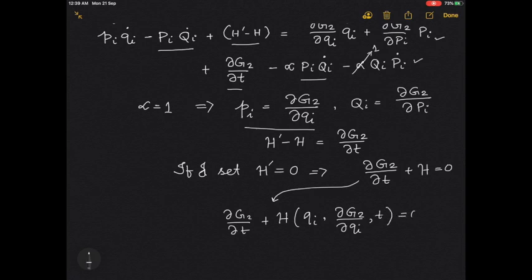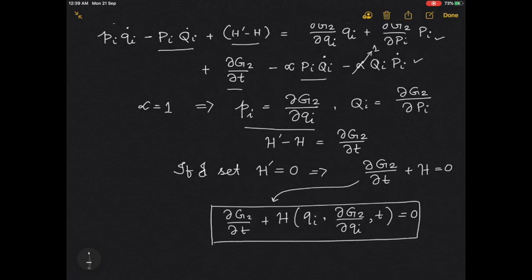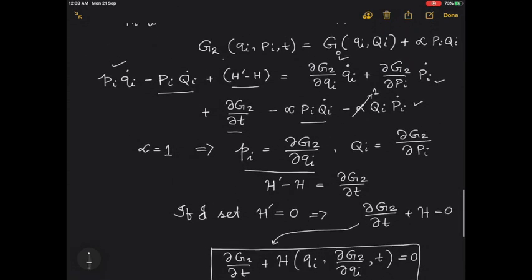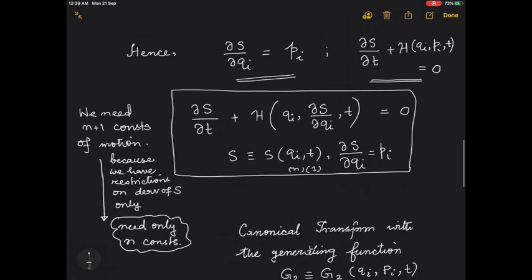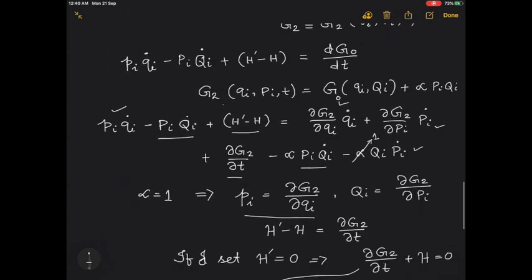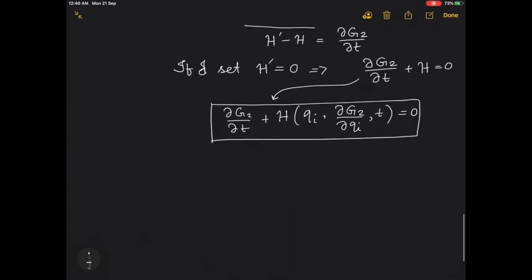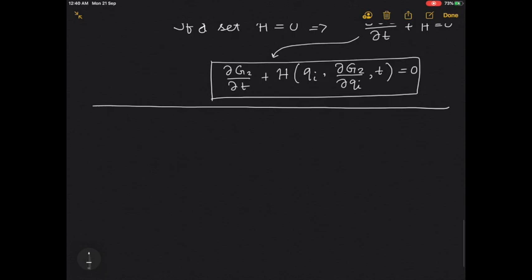So this is del G2 del Qi and T. This is 0. This equation looks exactly the same as this equation if you replace G2 with S, right? So let's investigate what is happening.